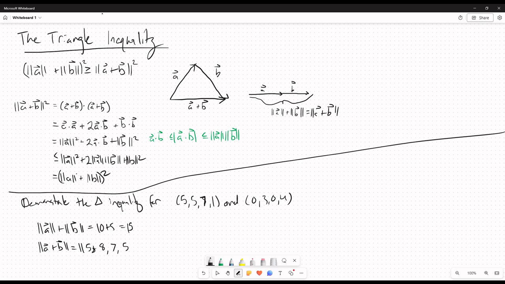I can do math, really good at math, which is going to be the square root of 25 plus 64 plus 49 plus 25. And let's take some time to think about that. Looks like it's going to be 163, because I see 25, 25, that adds up to 50. And then we have 49, so that's 99, and 99 plus 64 is 163. And I don't know exactly what 163 is, but I know that 169 is 13 squared. So this is definitely less than 13.